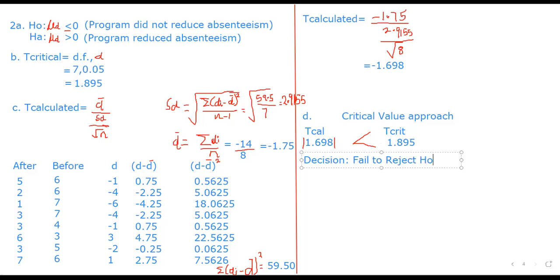Since T-calc of absolute 1.698 is less than T-crit, we fail to reject H0 at the 5% level of significance.